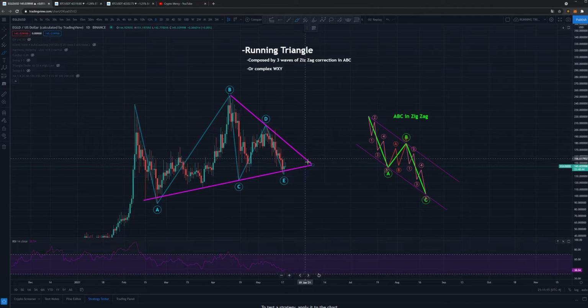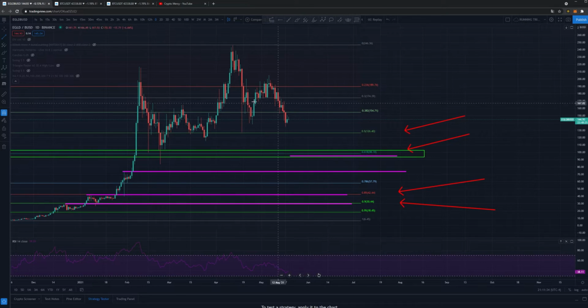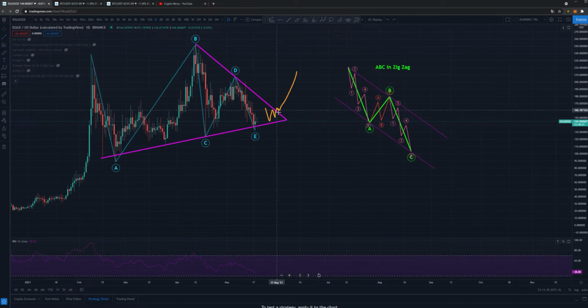And usually how you trade those breakouts is by waiting for a W like this, okay? And a breakout of the neckline, a confirmation over the resistance, and after that you will have the push on the upside. And the neckline is always here.